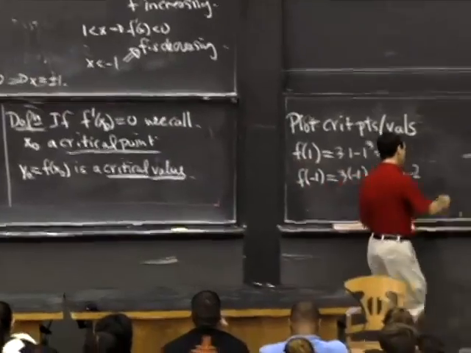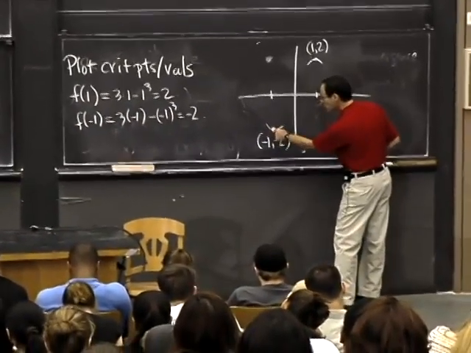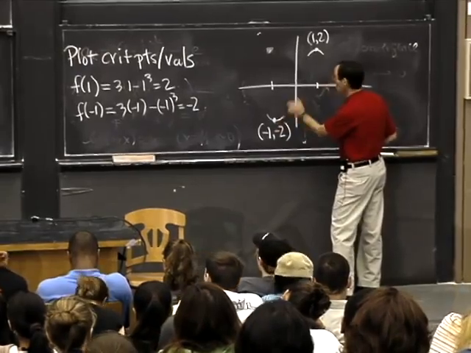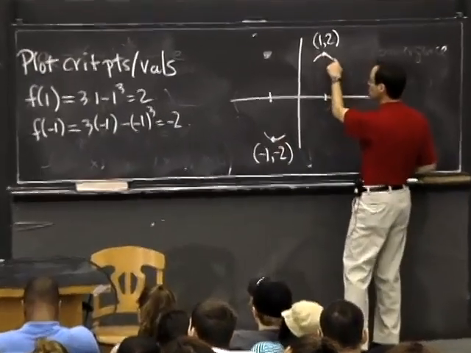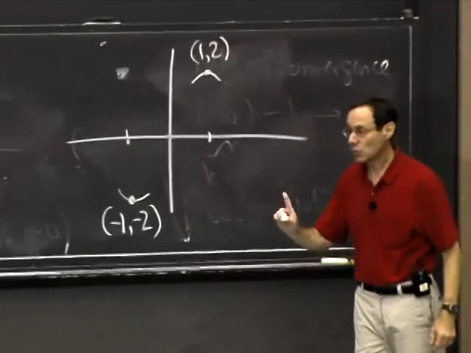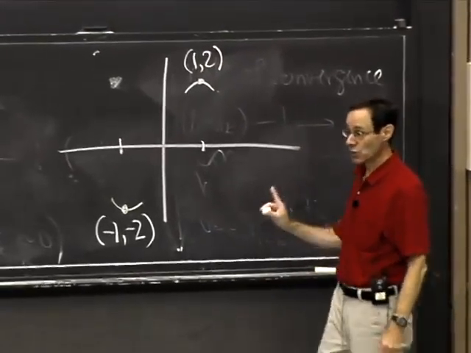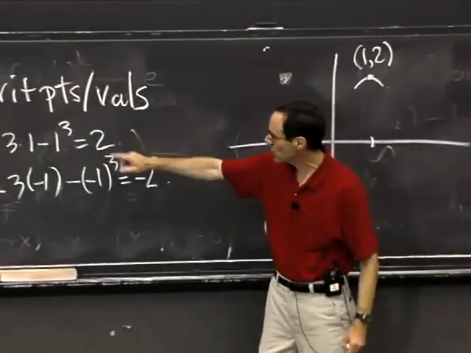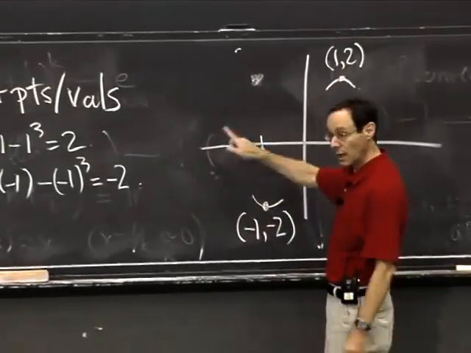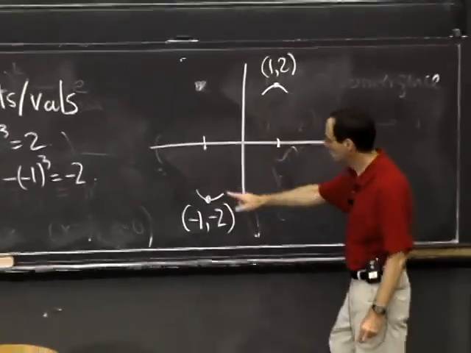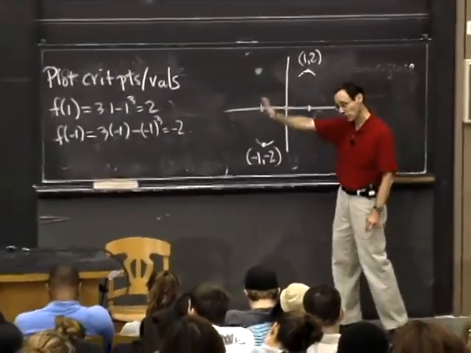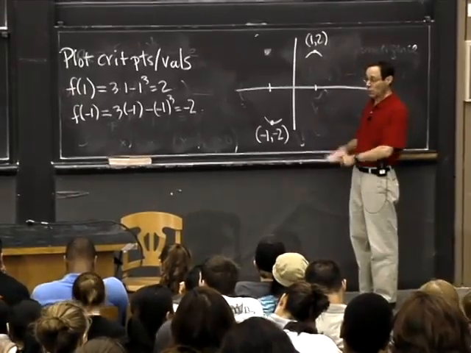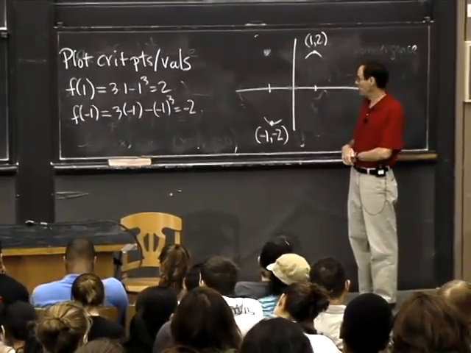So what I know is that the graph is going down to the left of minus 1. It's going up to the right here. It's going up here, and it's going down there. I did not use the second derivative. I used the first derivative. Okay, but I didn't just use the fact that there was a turning point here. Actually, I was using the fact that it was a turning point. I wasn't using the fact that it had a second derivative, though. Okay, for now. You can also see it by the second derivative as well.